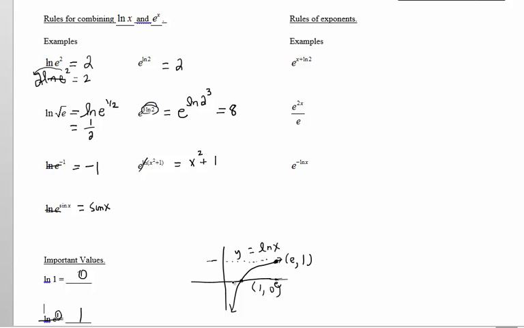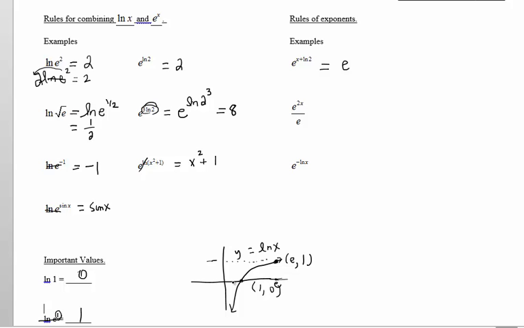Okay, the rules of exponents. Some things we need to be aware of. From Algebra 1, we know that we have properties of exponents. Well, what I can do with this right here is, instead of having terms in the exponent position, I'm going to use a property from Algebra 1 backwards.